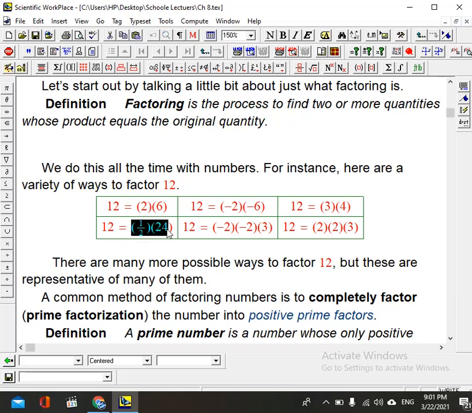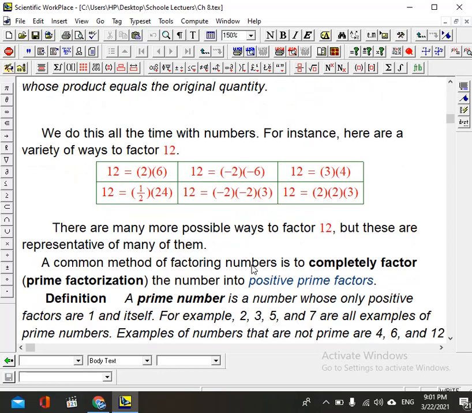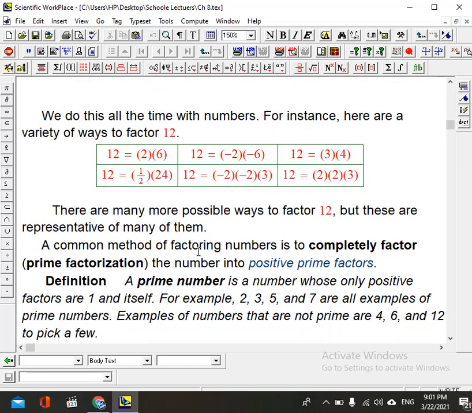Because of that, there is what we call complete factoring, also called prime factorization, where we keep factoring until we reach positive prime factors.